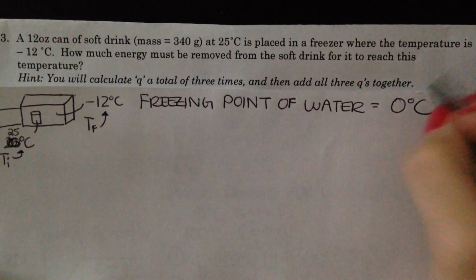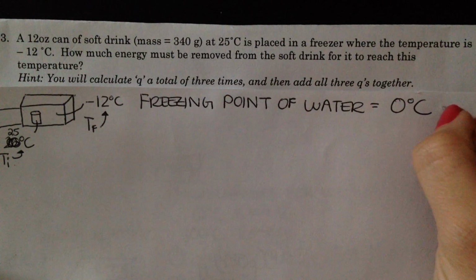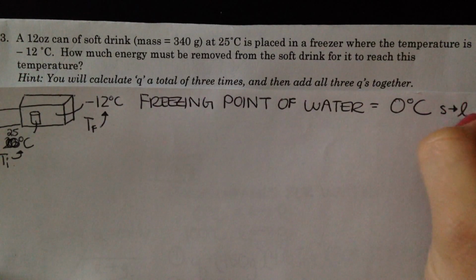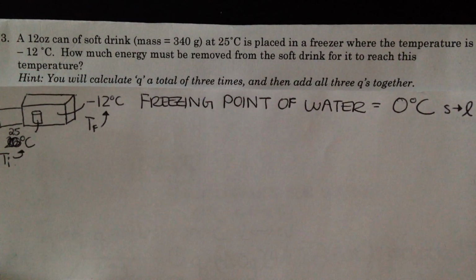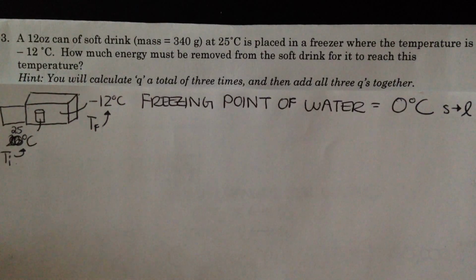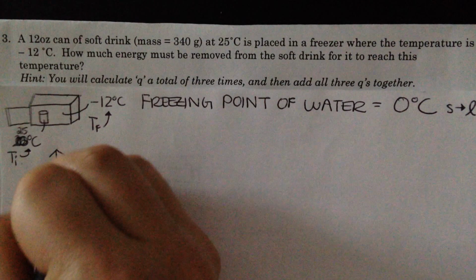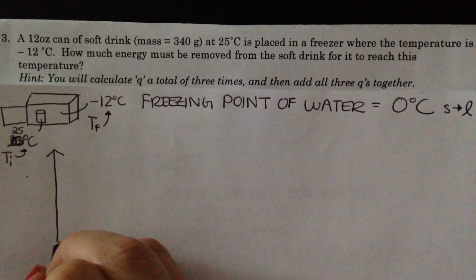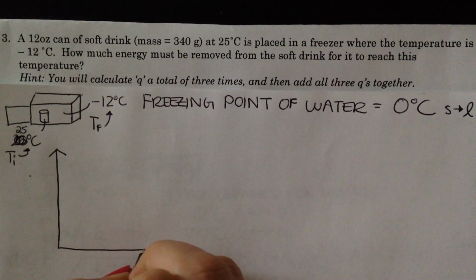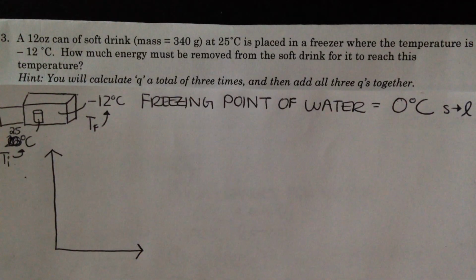So at 0 degrees Celsius, you're going to have a phase change of your solid turning into a liquid. Let's draw a heating curve, actually a cooling curve of what this would look like. So contrary to popular belief, when you put stuff into the freezer, it gets colder. That's why you do a cooling curve.